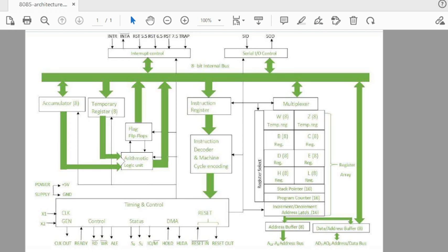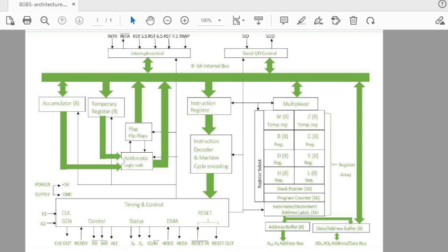Then you can see that there is an interrupt control. What is an interrupt? An interrupt is a particular signal which, when given to the microprocessor, makes the microprocessor halt its current operation under execution and execute the interrupt subroutine, the routine given by the interrupt.